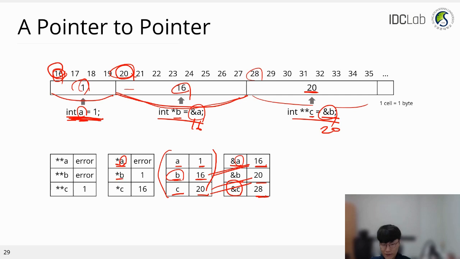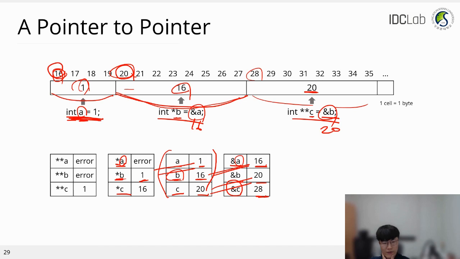Dereference B, it makes sense because B is a pointer variable, so it holds the memory address of A. So this expression evaluates to the value of A, which is 1. You can see these two numbers are the same.